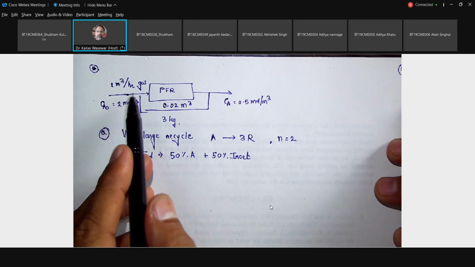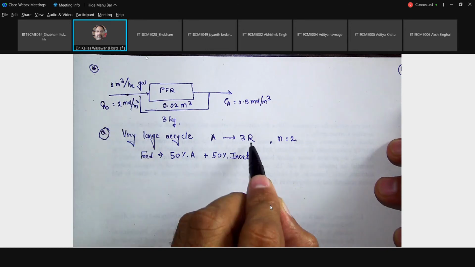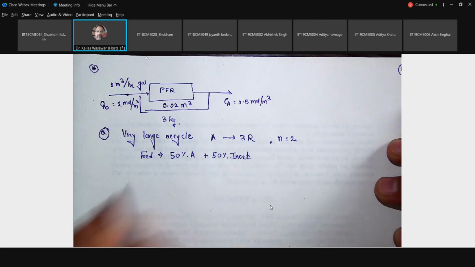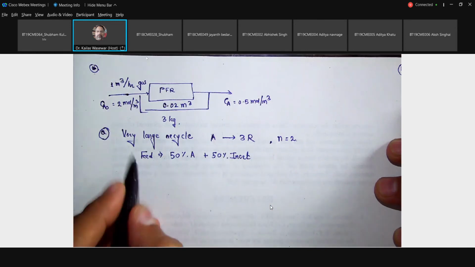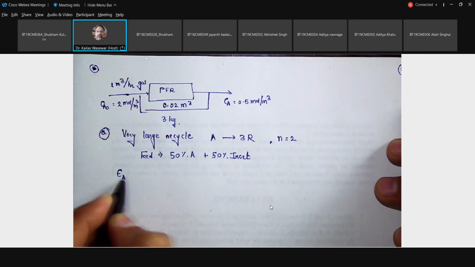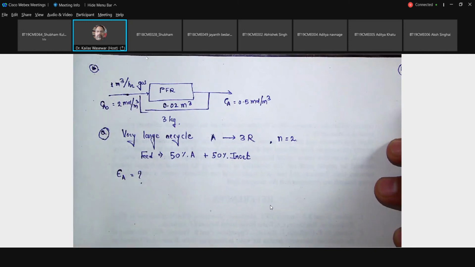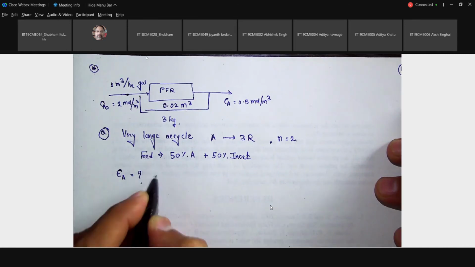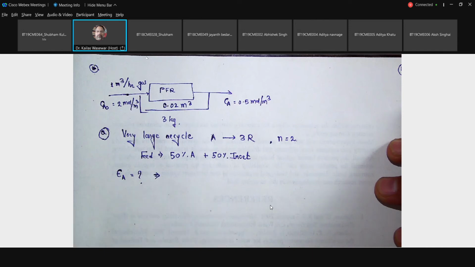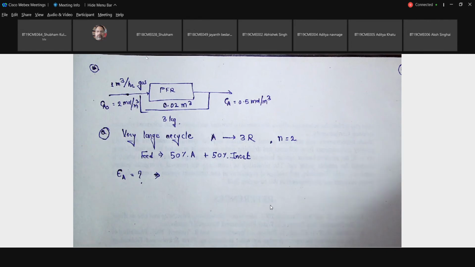So definitely as per the reaction A gives 3R, there will be a certain value of epsilon. So we have to calculate epsilon first. Yes, anyone can try. What will be the value of epsilon here? Yes, anyone can try.